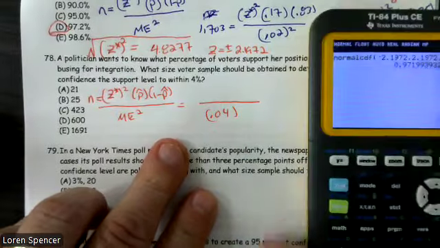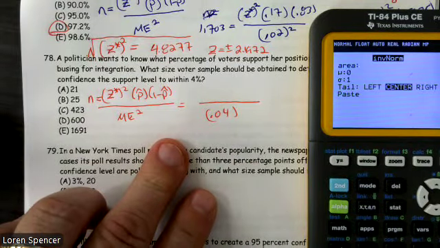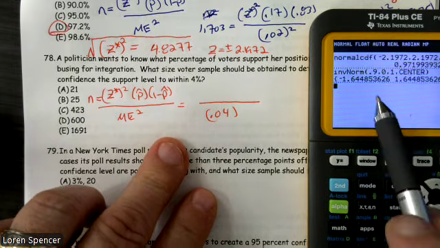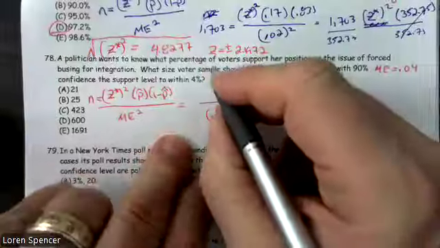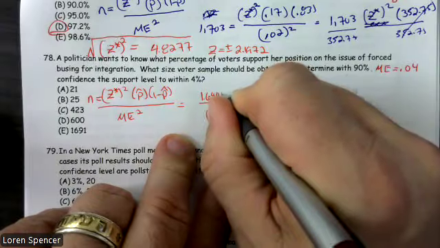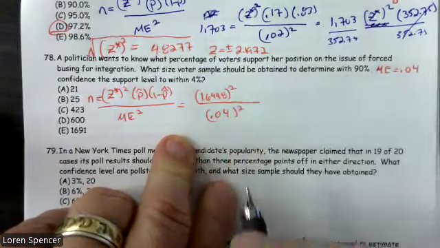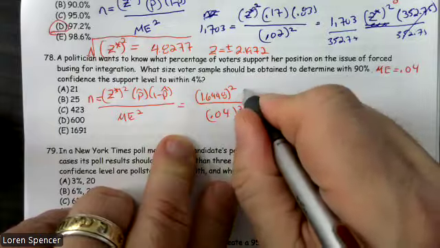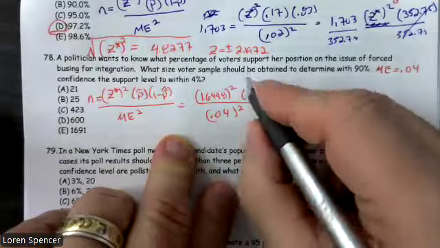We know we want a, where did it say it? 90%. So I can just go second vars, inverse norm, 0.9, and I get 1.6448. Don't forget to square it, or your margin of error. So those both need to be squared. And I look and there's no P hat.